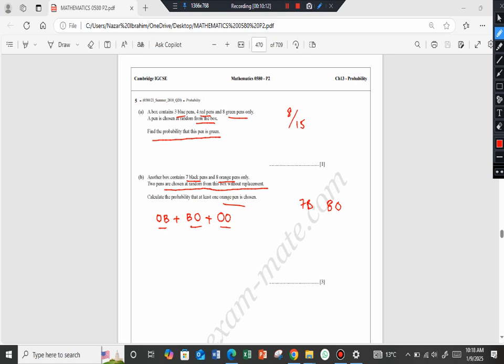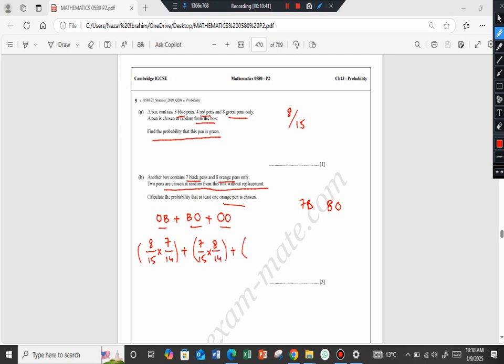Now how to calculate the first case probability? Orange is 8 upon the total, 8 plus 7, 15, multiplied by second is black, which is 7, and the total remaining is 14. Second case, first is black, 7 upon 15, multiplied by orange, 8 upon the remaining 14.